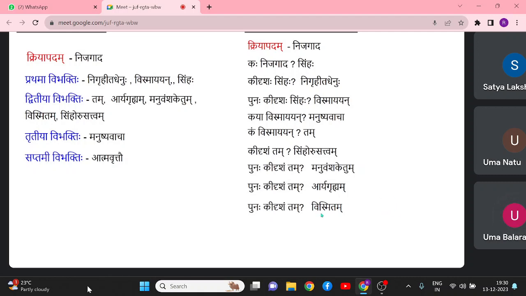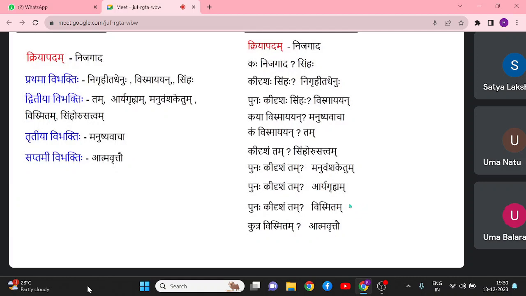Then one more. Kutra Vismitam. Vismitam, he is Vismitam. For what? You can say for his this thing. Atmavruttau. Kutra Vismitam is what I think is given in the textbook. Kutra is not giving location or time here. About what? It says he's surprised about his own state, right?